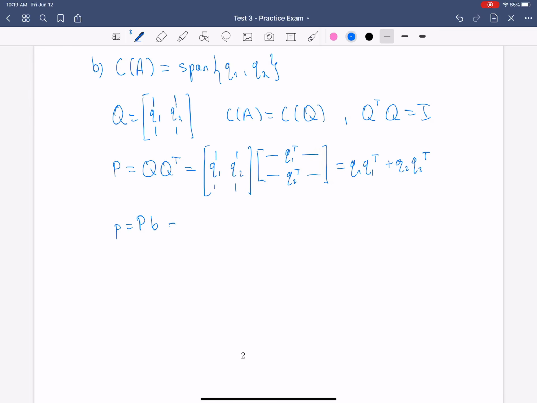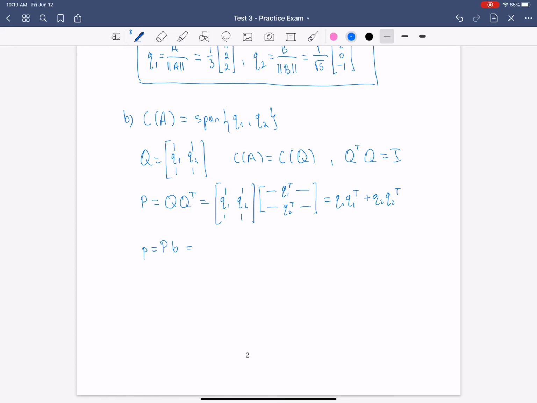So that is Q1, Q1 transpose B plus Q2, Q2 transpose B. I can calculate these separate projections one by one. I will not compute a matrix first, since I know that this gives me just a number.